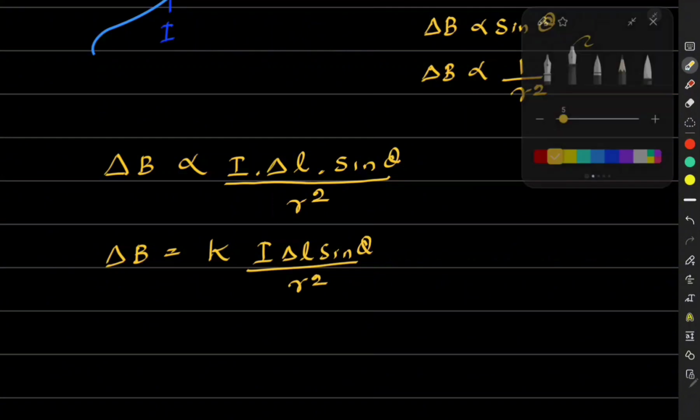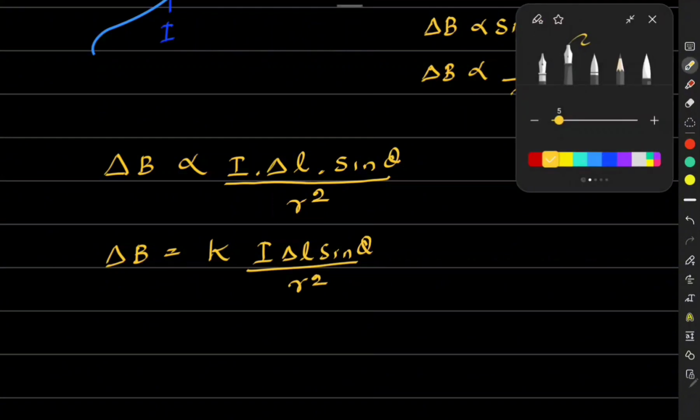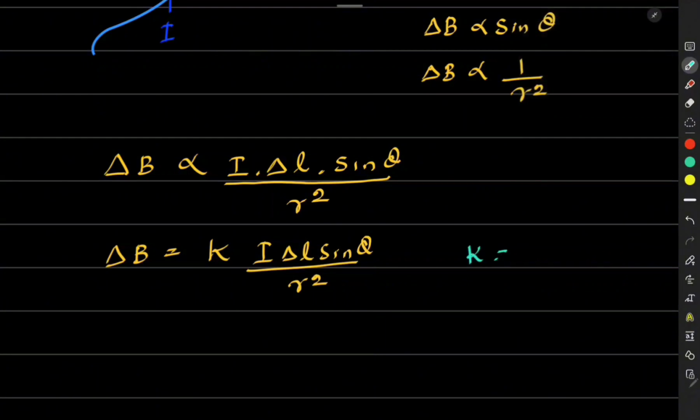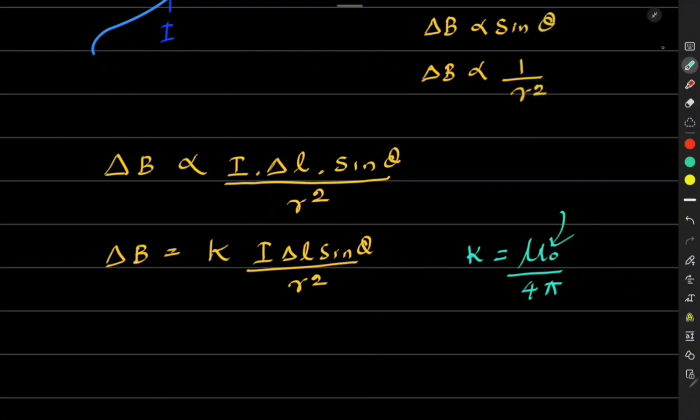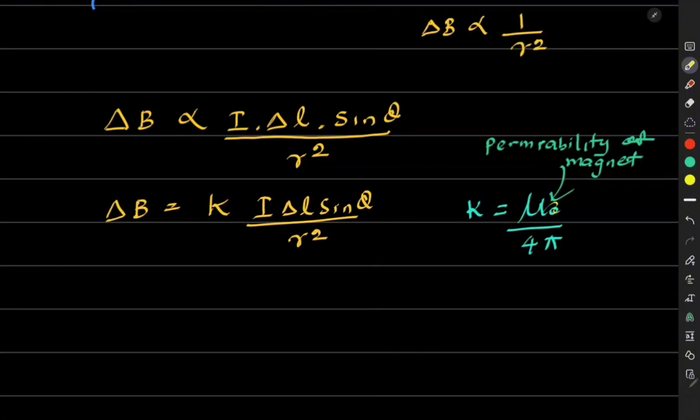And we can represent K as mu naught divided by 4 pi, where mu naught is the magnetic permeability of free space. We'll substitute mu naught divided by 4 pi into this equation.